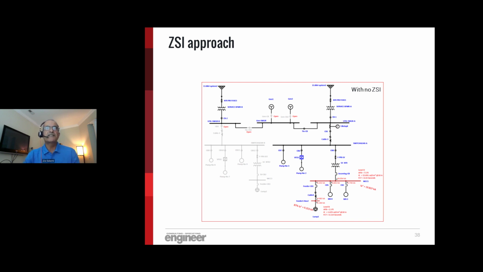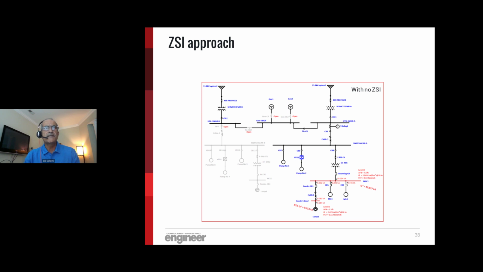With this system, for an arc at the incoming circuit breaker to the 480 volt MCC, we get about 15-something cal per centimeter squared, with an FCT of about 0.33 seconds, and a boundary of 7.5 feet.